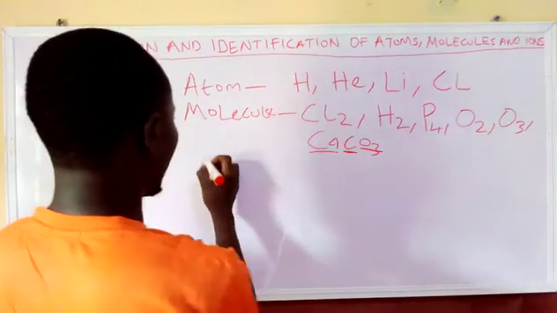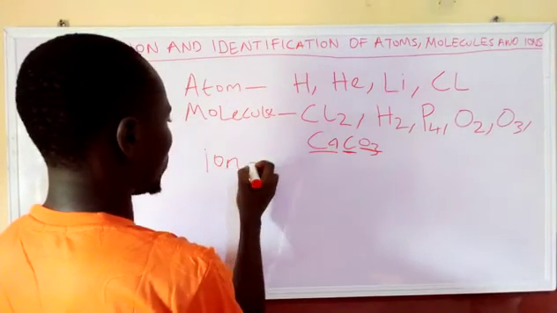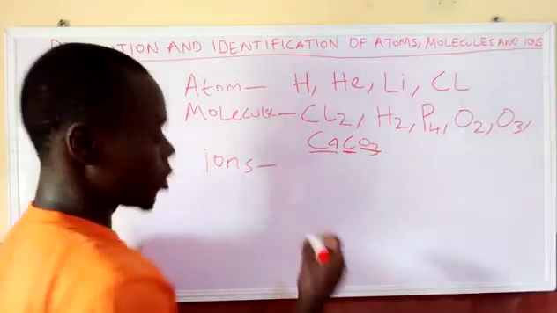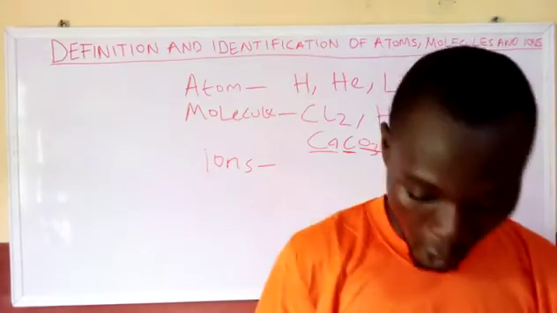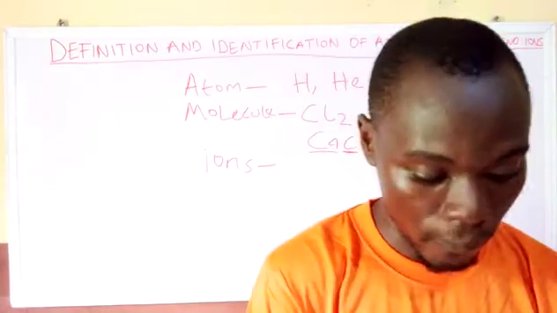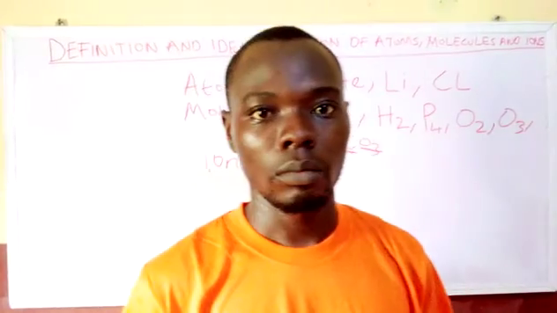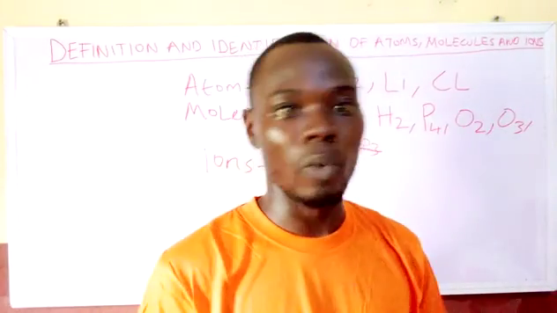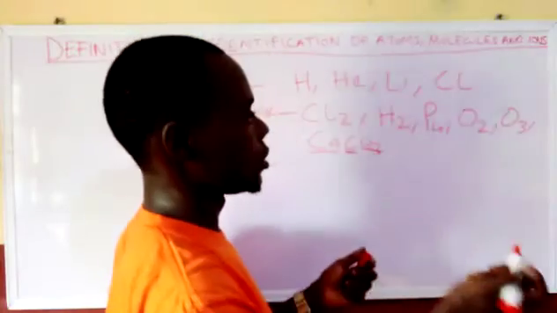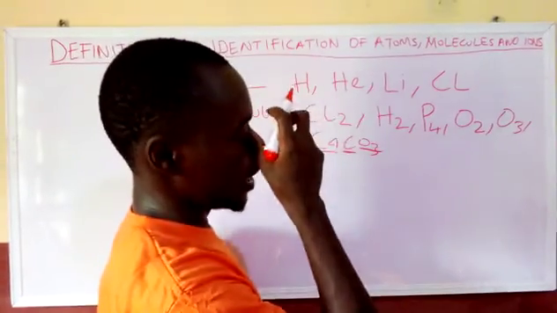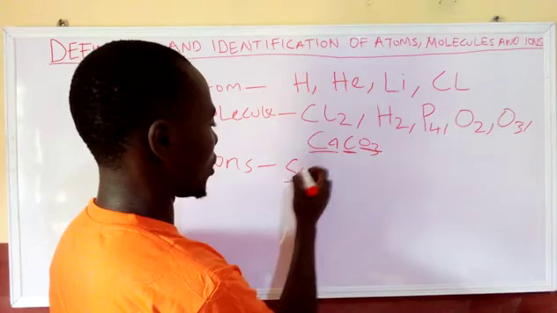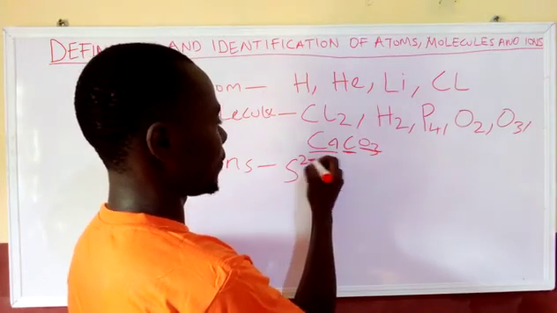So now that we have established that, let's move to what an ion is. When you're talking of an ion, you are talking of an atom or a group of atoms which has an electric charge. An example of an ion is the sulfide ion, S2 negative.